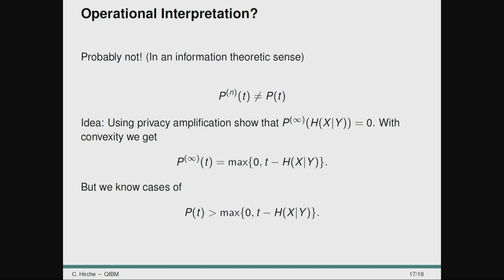And using some other properties of the privacy funnel, like convexity, we can actually show that the regularized version with n to infinity has a very simple form, while we know that the single letter formula cannot have that form, like the function is not that simple if n is 1. Okay, so the conclusion is we can't have any simple way of providing an operational interpretation for this quantity.